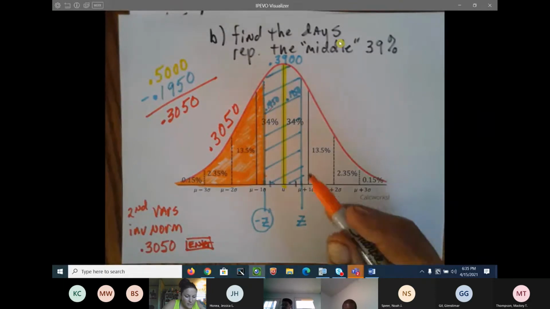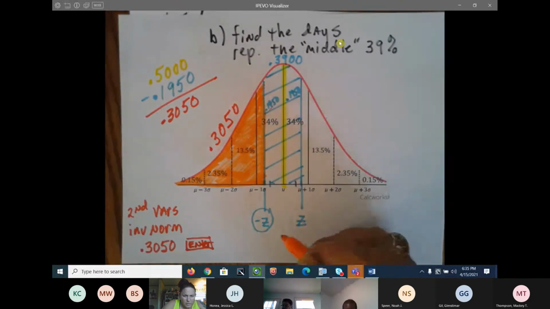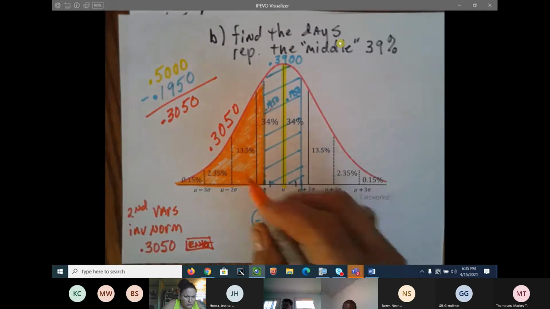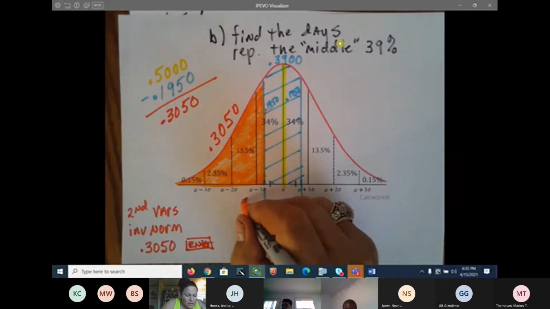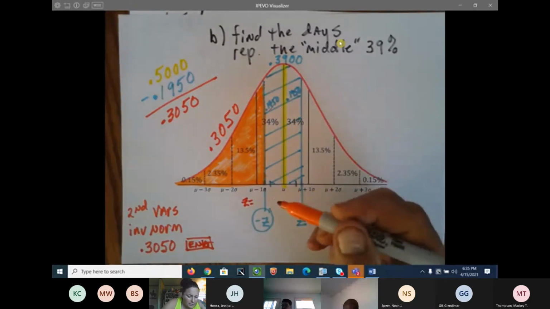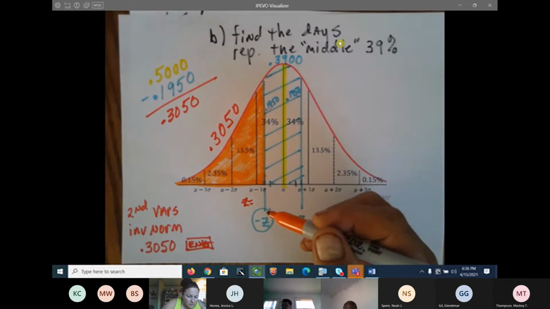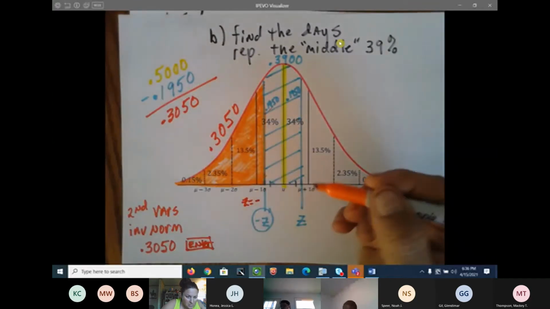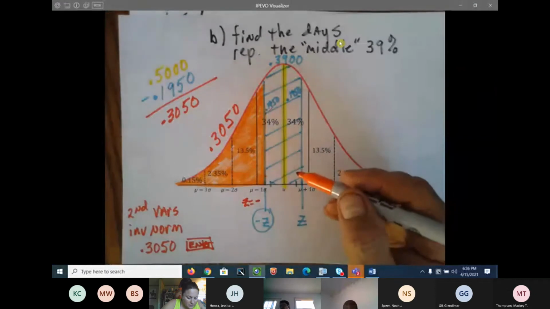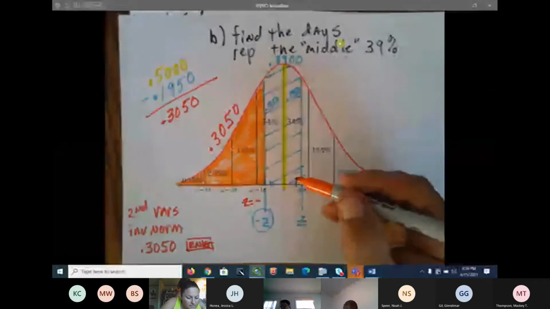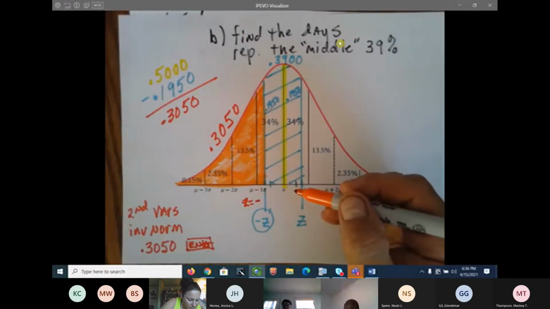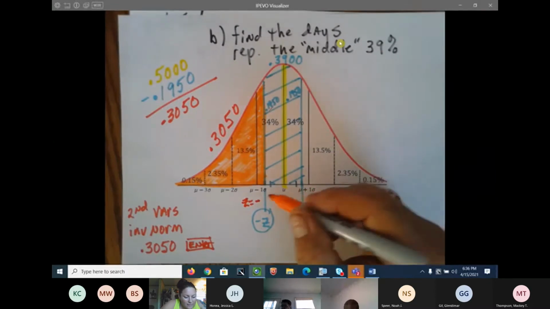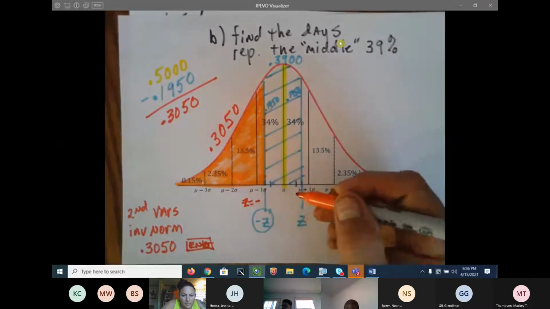Oh, I didn't close the parentheses. Hang on. 0.305. I got negative 0.51. I guess it could be that.